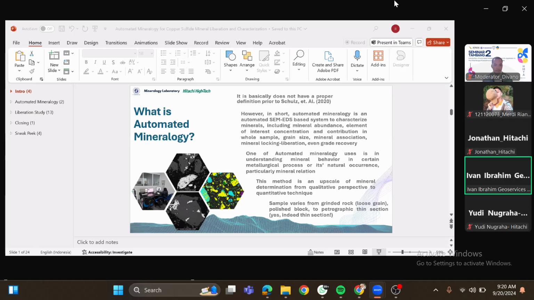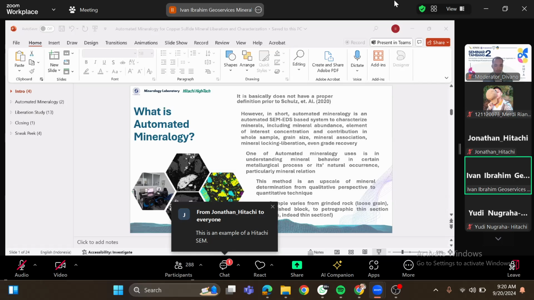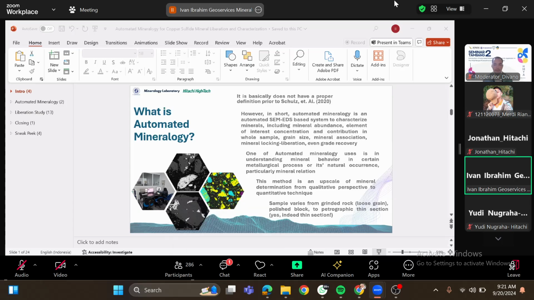Nah, kita menentukan, oh ini mineral apa, itu berdasarkan struktur kristal, lalu dihubungkan atau dilihat ke referensi, lalu spektra dari EDS-nya kita lihat dari referensi juga, cocoknya, oh ini mineral ini. Lalu bisa nggak kita menentukan mineralnya secara otomatis? Tentu bisa dengan sistem ini. Jadi ini an upscale. From qualitative perspective, tergantung pengamat yang punya gambar, kita lihat oh ini mineral ini. Sekarang kita based on system dan goes to quantitative technique.